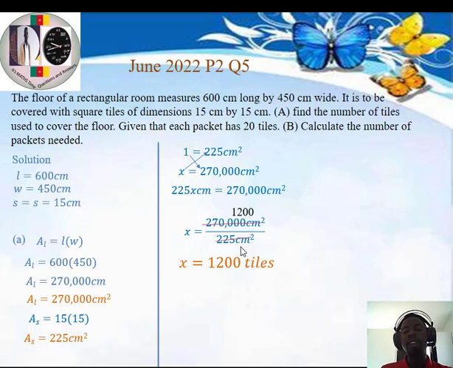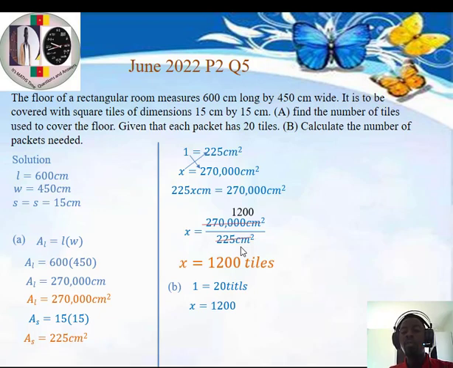So part B says that given that each packet has 20 tiles, calculate the number of packets needed. We are again going to have a simple proportion here. If one packet is equal to 20 tiles, then how many packets will give us 1200 tiles?